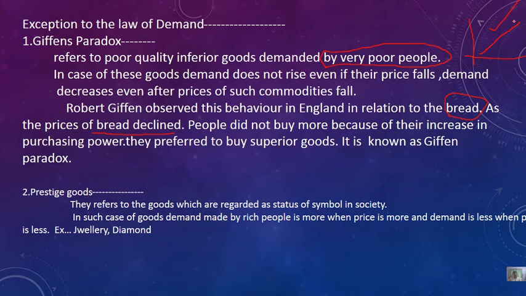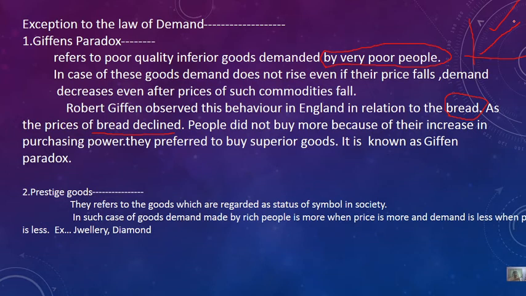Next exception is prestige goods. What is meant by prestige goods? The goods which are regarded as a status symbol in society, for example jewelry, golden ornaments, diamonds.